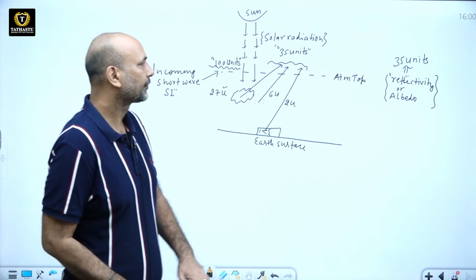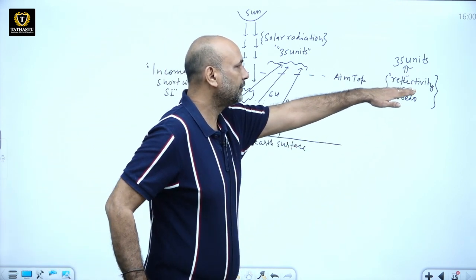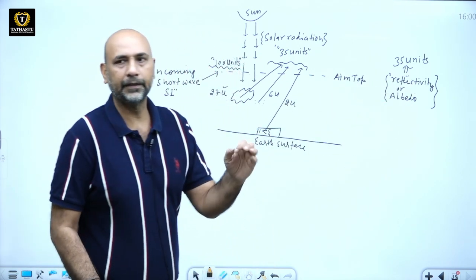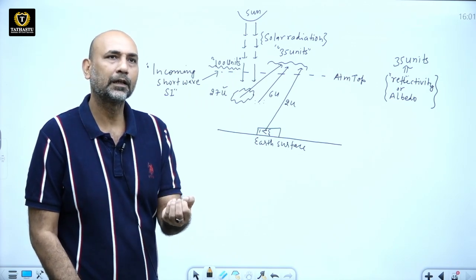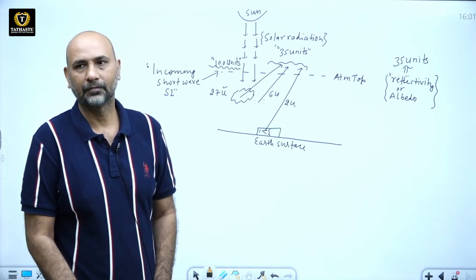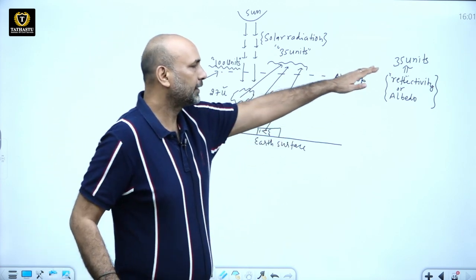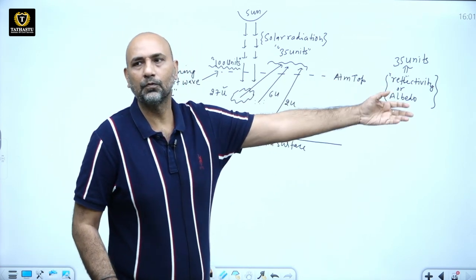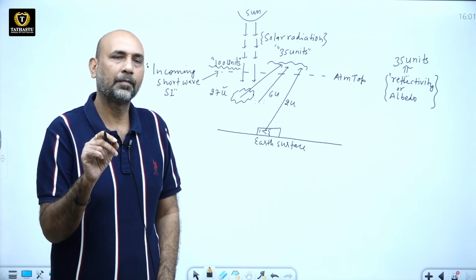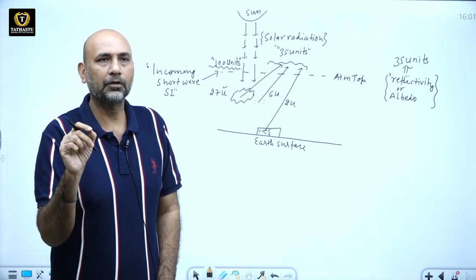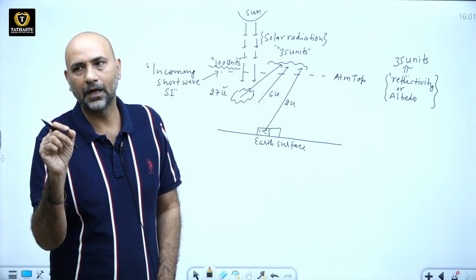Remember that if the reflectivity or albedo of Earth increases, the Earth is going to be cool, and if it decreases, Earth is going to be warmer. So the reflectivity of Earth plays an important role in global warming or global cooling.